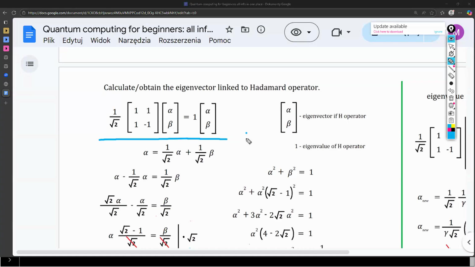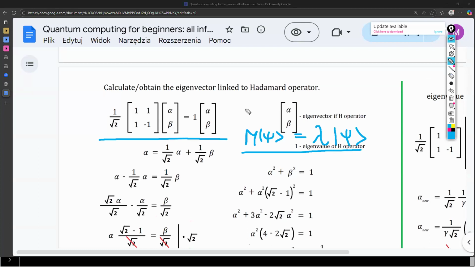So our operator, which is M, acting on our quantum state should equal what we call lambda times the same state. This is how we obtain our eigenvector.